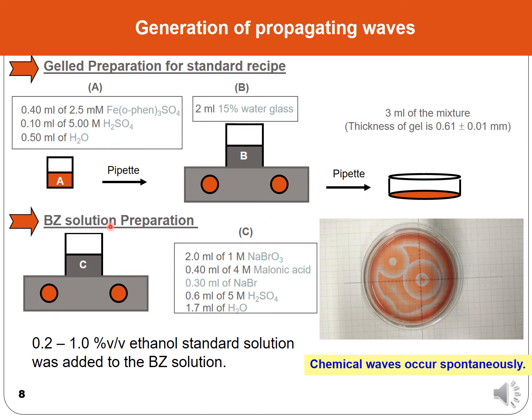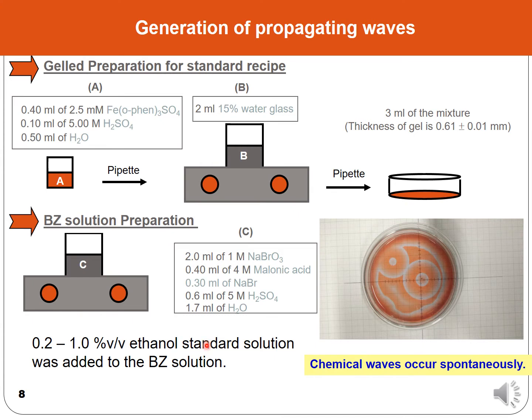After that, the BZ solution prepared by mixing sodium bromate, malonic acid, sodium bromide, sulfuric acid and water was mixed and poured on top of the catalyst gel. Then chemical wave occurs spontaneously.